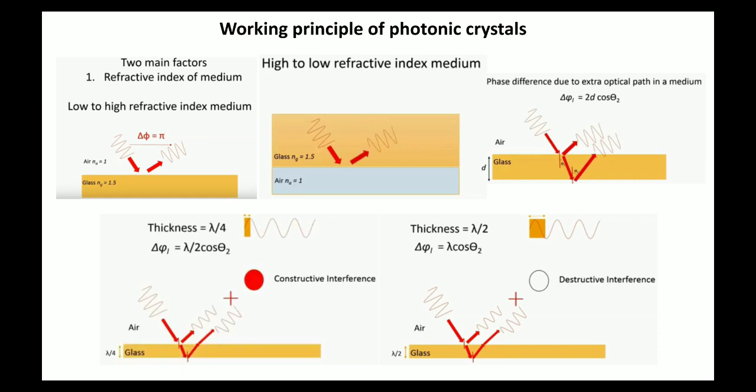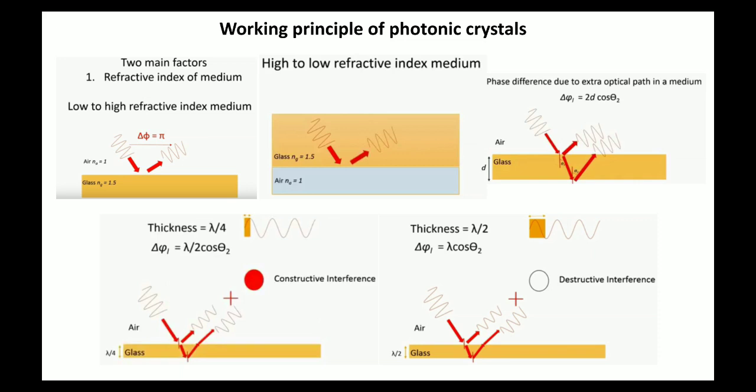In the next image you can see D is the thickness of the glass. When the light is incident on the surface of the glass, some of the light gets reflected from the upper surface of the glass and some of the light gets reflected from the lower surface.